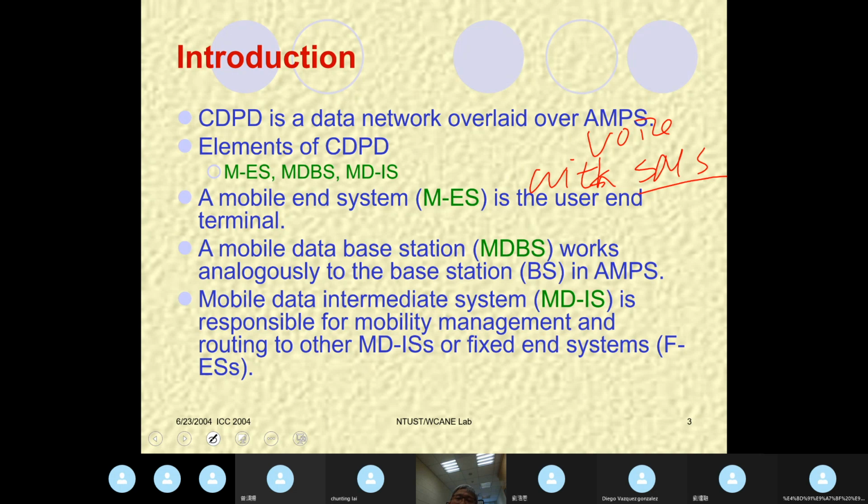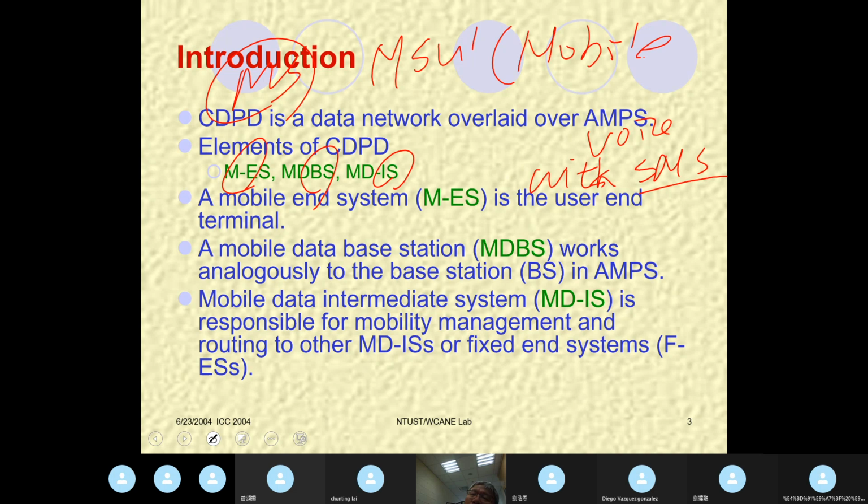Even though it is a data network, it has a similar architecture. However, there is no mobile station. We have the mobile end system instead. And we have a base station, but now it is called the mobile data base station. There is no mobile switching center.